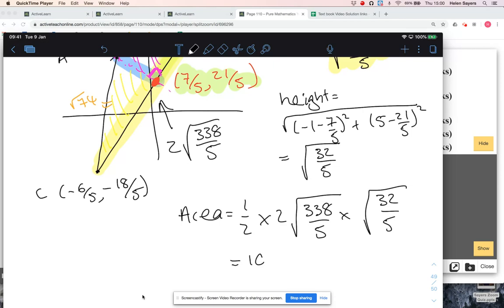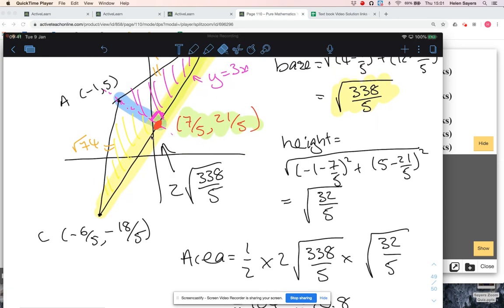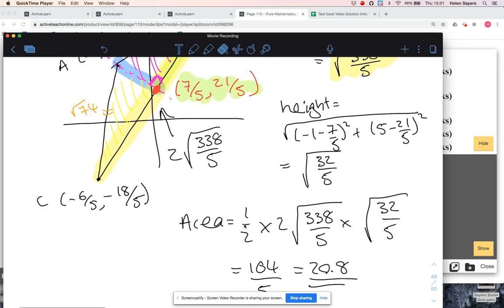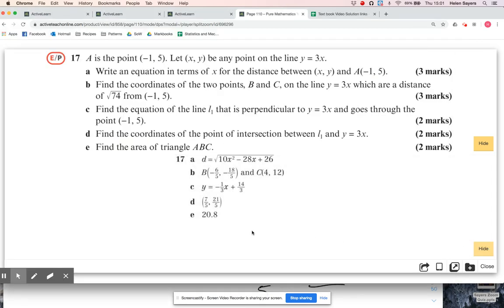And I am getting that. Okay, so that does seem like quite a nice round figure. Keep our fingers crossed. So I'm getting that's my final area, and I don't have to double that because in the end I doubled this to get the base of the whole triangle. Okay, right, let's hope. Oh, thank goodness for that. Okay, so we've got that.